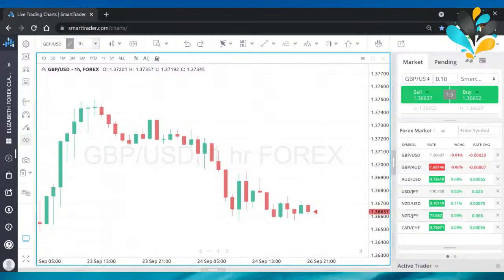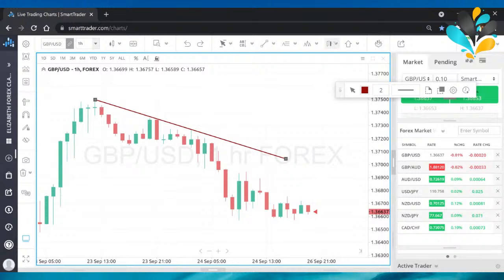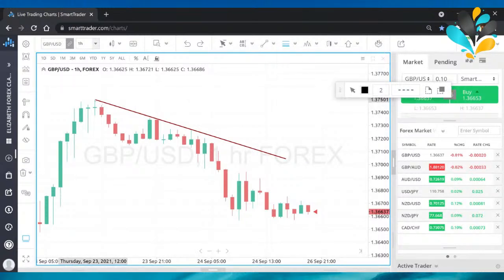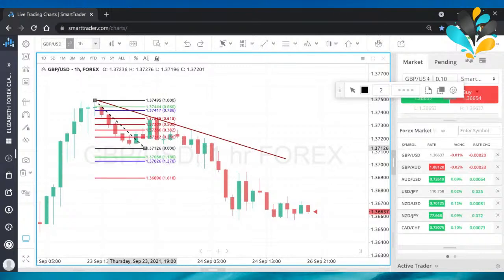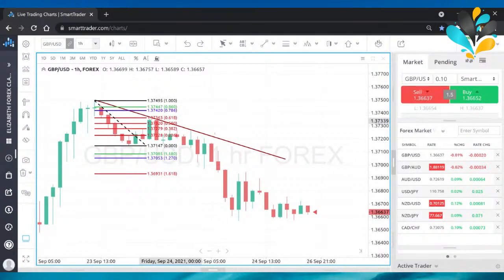So next you have the show or hide drawings tool. So if you have drawings on here, maybe you want to combine a number of different types of strategies. And eventually it could get a little cluttered.